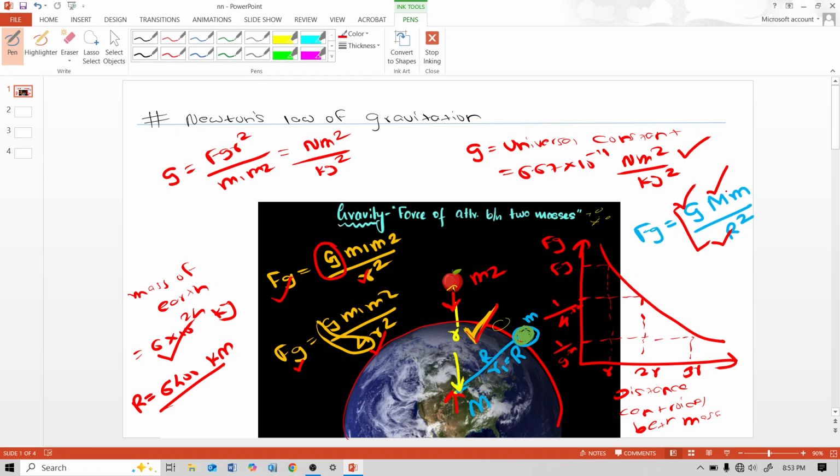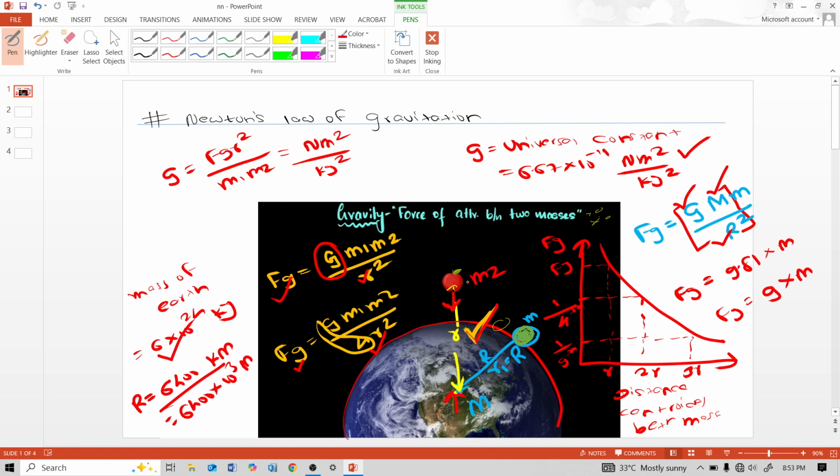So if you put all those values, with the kilometer converted to meter, then what will happen? This value comes 9.81 meter per second square, and this 9.81 is nothing but the small g, acceleration due to gravity.